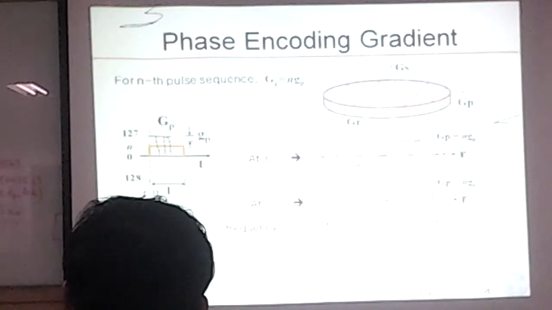Because the phase encoding is performed by the area of the gradient pulse, there are two methods.